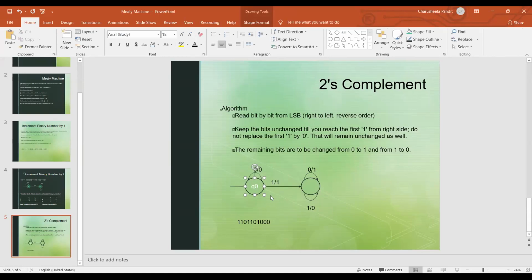This is your initial state Q0, second state Q1.